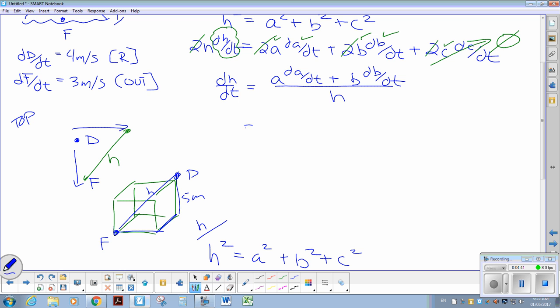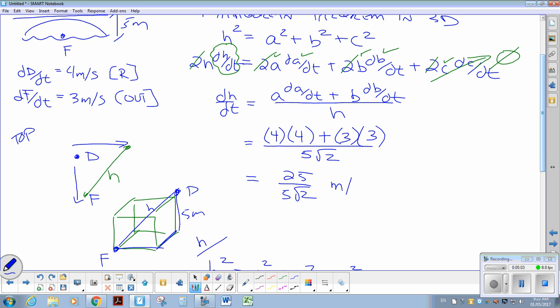So I'm going to go back up here. 5 root 2. So a, I said the dog traveled a total of 4 meters after a second. The dog was traveling at 4 meters per second. The fish swam 3 meters at 3 meters per second. So 16 and 9, that is 25 over 5 root 2.